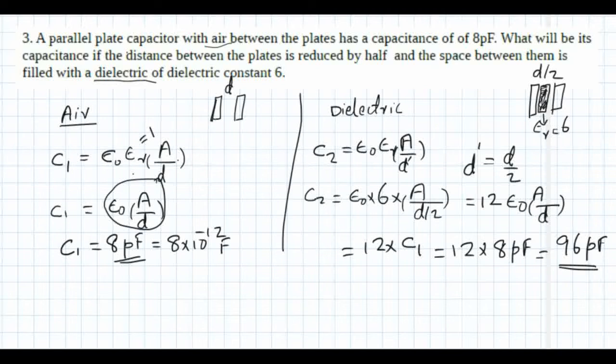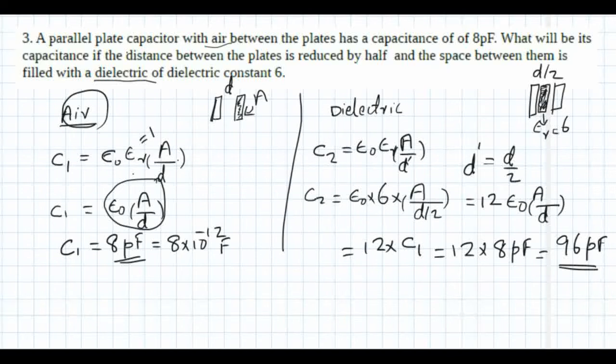So I repeat, initially we have a capacitor with a certain distance between the plates, which is D, and an area A for the plates, and its capacitance is epsilon 0 into A by D, because the value of epsilon r is equal to 1 as it is in air. Then the distance between the plates is reduced by half, so D will become D by 2. Then a dielectric material is placed in the space between the plates, and there is no change for the area of the capacitor.